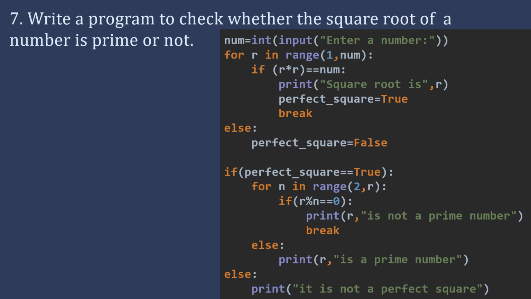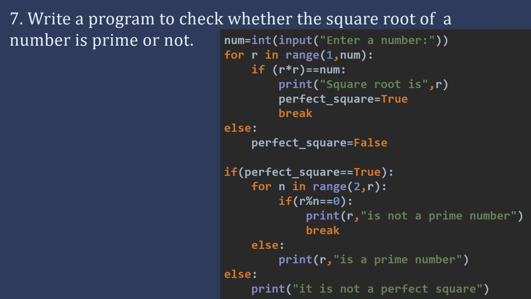So it will print that r is not a prime number, and it will come out of the loop using break. Otherwise, once this for loop completes its execution and does not find any number which is a factor of this r, then in the else part it will print that r is a prime number. You can see this else refers to this for.